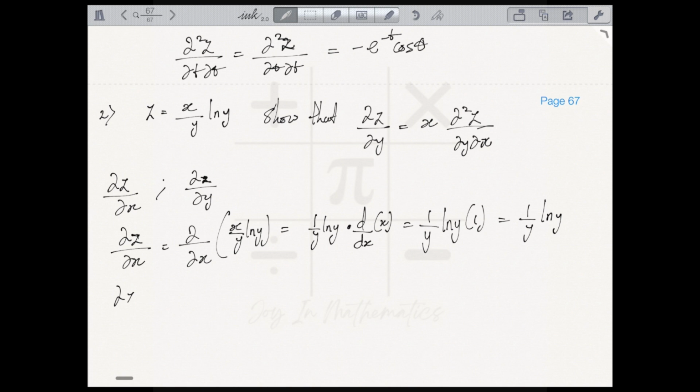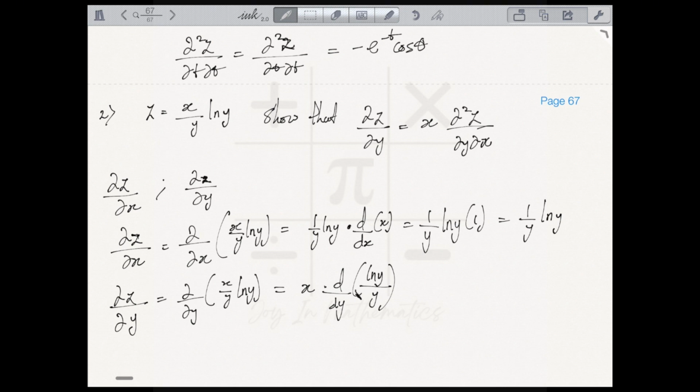Let's do the same for ∂z/∂y. And that will be x over y of ln y. When we are differentiating partially with respect to y, our x is kept constant. That is x. And we are going to have a full differential with respect to y of ln y divided by y.